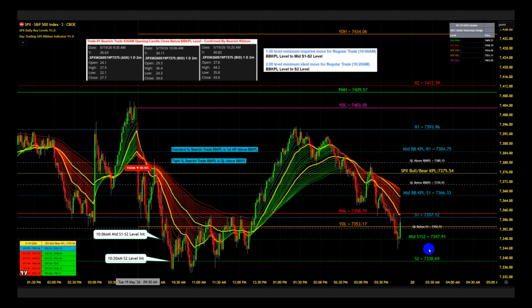So that is another reason why this is a demonstration of one of the typical sessions which you will see in 80 to 85% of the sessions in a normal year and a normal volatility environment, where a two-level move below or two-level move above away from the bull bear KPL, with the entire range being R2 down to S2 in 85% of the sessions.